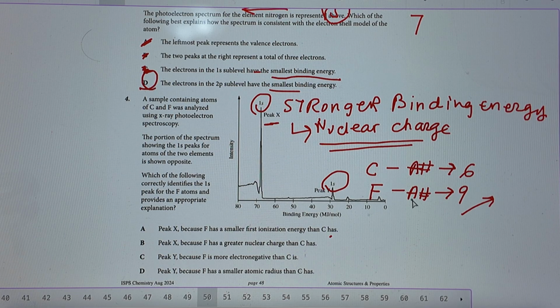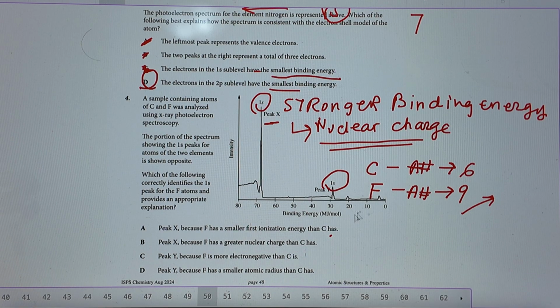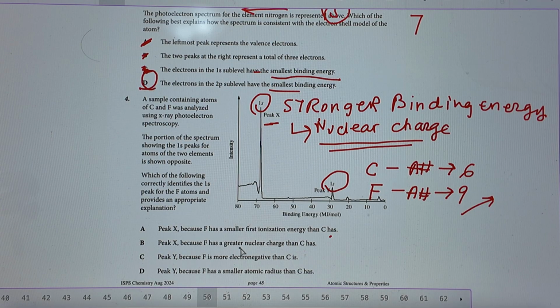The 1s electrons are more tightly bound and have a higher binding energy because its nuclear charge is higher, it has more protons that match the electrons, so they hold them tighter. So, peak X, because fluorine has a greater nuclear charge than C has, so that would be B. Definitely not the other, because it has a smaller first ionization energy. It's a greater first ionization energy.